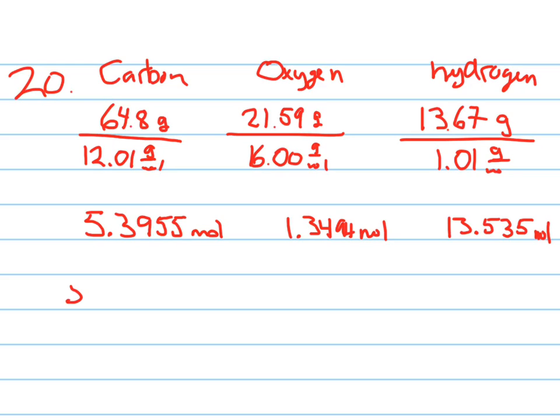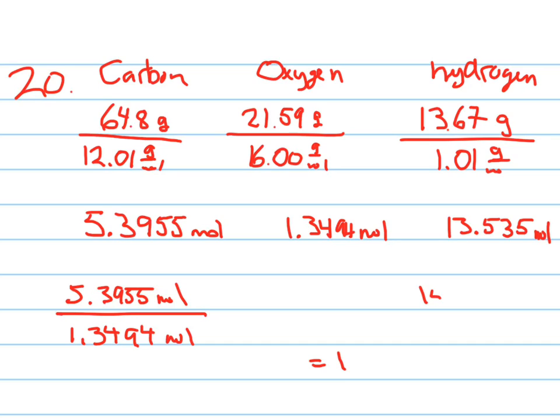So we take 5.3955 moles, and we divide it by 1.3494 moles. And this, of course, is just going to end up being 1, because we're going to divide by the exact same number, and 13.535 moles, and we're going to divide it by 1.3494 moles. So let's do some division.